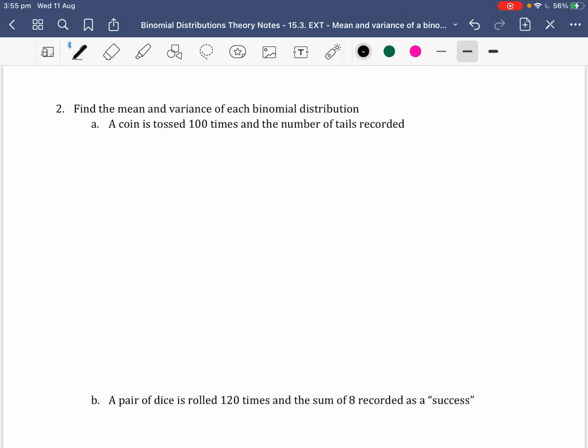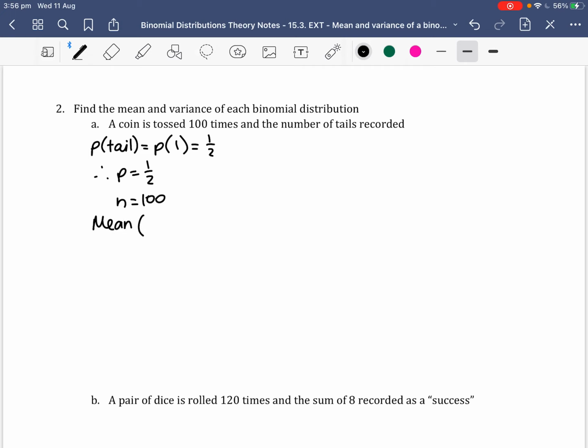So then example 2, we have to find the mean and variance of each binomial distribution. The first one is a coin is tossed 100 times and the number of tails is recorded. So the probability of getting a tail, the probability that X equals 1, which is success, is equal to a half. So therefore p equals a half and n equals 100.